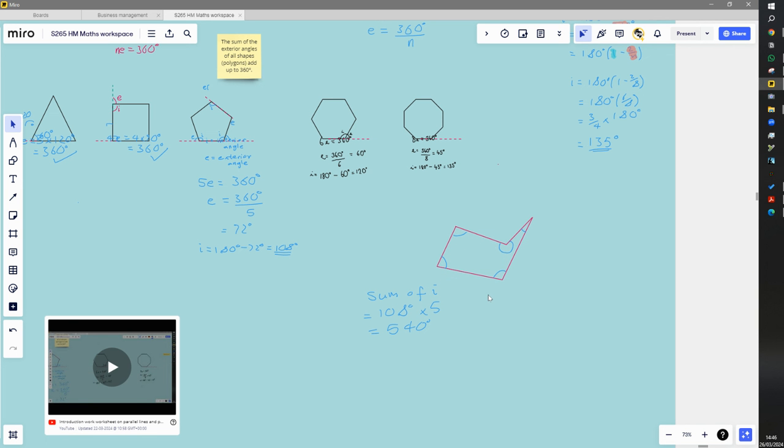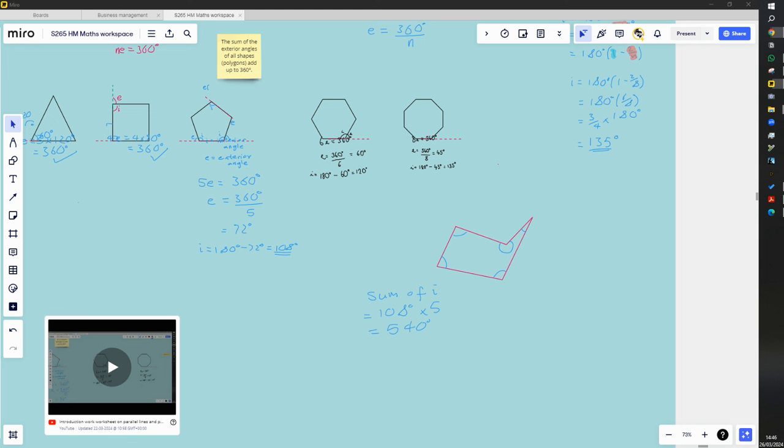So what this is, the reason why I drew this is clearly not a regular shape, but it does have 1, 2, 3, 4, 5 sides. So it is in fact a pentagon. It doesn't look much like this pentagon, but it is a pentagon because a pentagon is a shape with 5 sides.